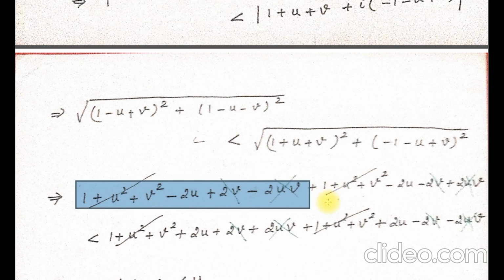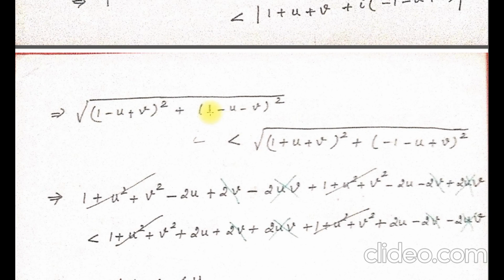Similarly, the second one, see, 1 plus u square plus v square, that is 1 square is 1, u square, v square.